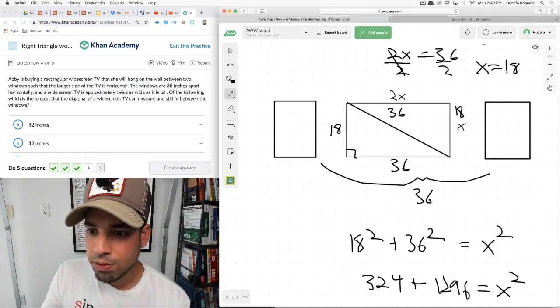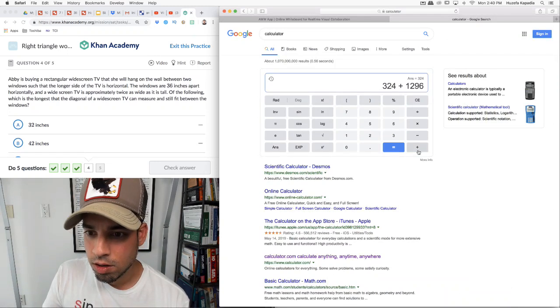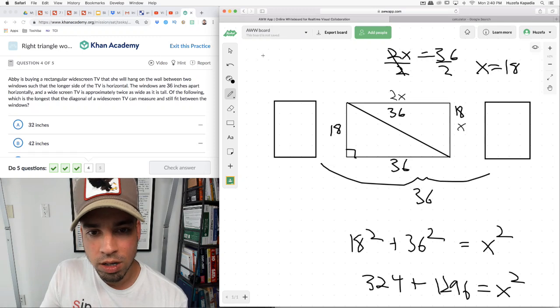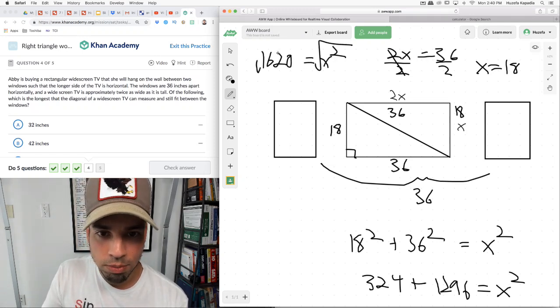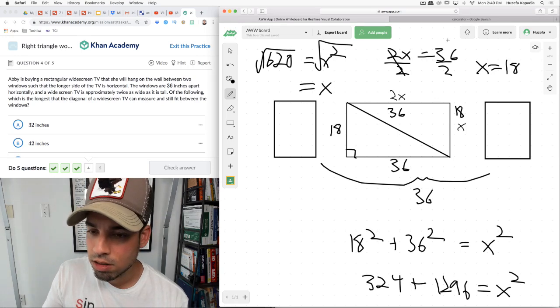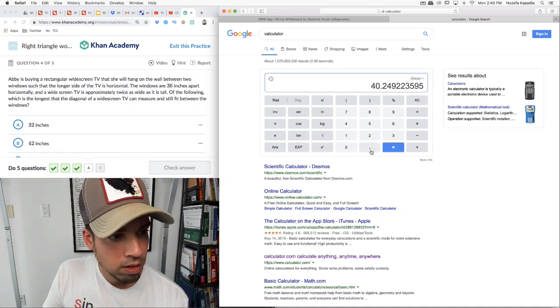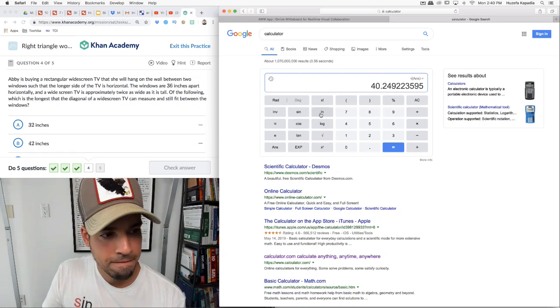So we got 324 plus 1296 and 1620. Boom. So x squared, and let's write it up here, 1620 equals x squared. Take the square root of both sides, and we get 40.24.